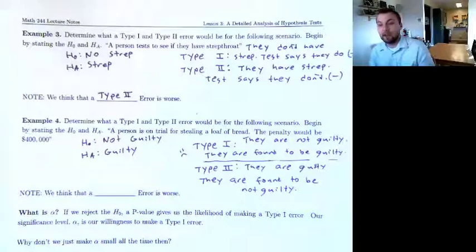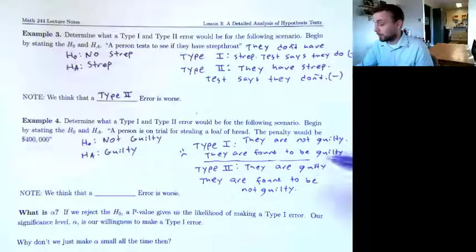So let me think about what that would mean. They stole a loaf of bread, but they did not get fined $400,000. So if you're really concerned about justice, this would be a bad thing for you. If you're more concerned about justice than incorrectly fining someone, or perhaps your definition of justice includes both those things, you might find a type 2 error to be worse.